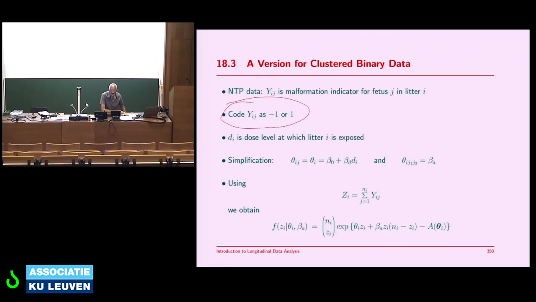If I look at the sum of the y's and the sum of the y squares, you basically get only the number of successes, not the number of failures. But if I code it as -1 and +1, and I look at the sum of the y's and the sum of the y squares, I get two different numbers from which I can work out the successes and the failures. That's all.